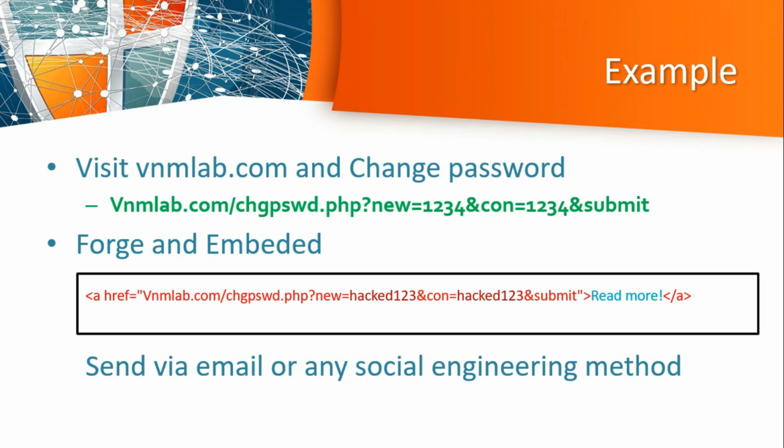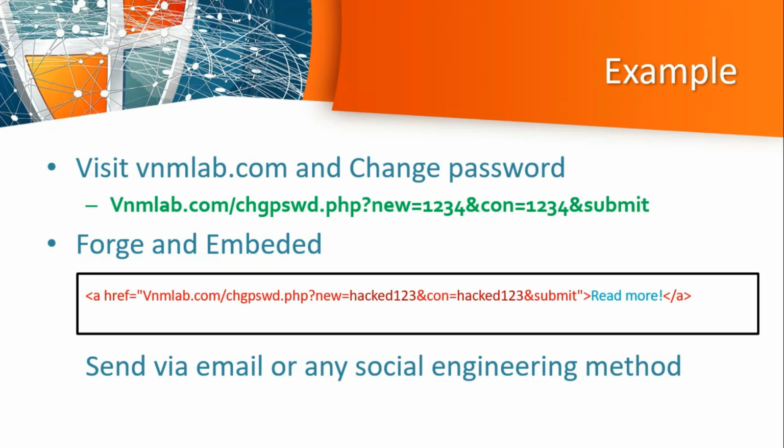Just giving an overview over here of what happened in the CSRF attack. First of all, the victim visits vnmlab.com and he wants to change his password. So he clicks on the change password link, sets his password 1234 and submits. Now he is leaving the application, not logging out from that particular application, but leaving the application. Now the attacker is also visiting vnmlab.com from a different machine.